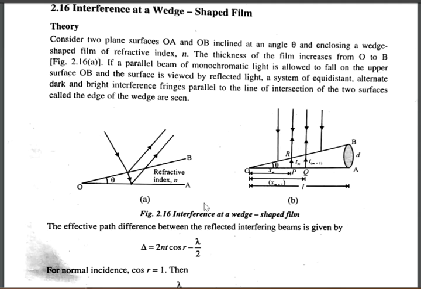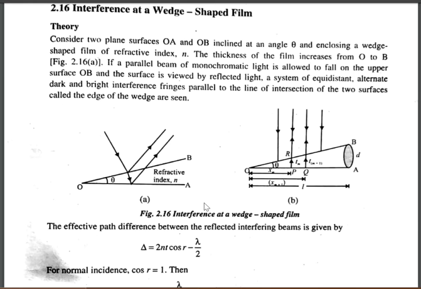If a parallel beam of monochromatic light is allowed to fall on the upper surface, that is OB, and the surface is viewed by the reflected light, that means if you view the film in a normal direction, a system of equidistant, alternate dark and bright interference fringes, parallel to the line of intersection of the two surfaces called the wedge of the film, are seen.